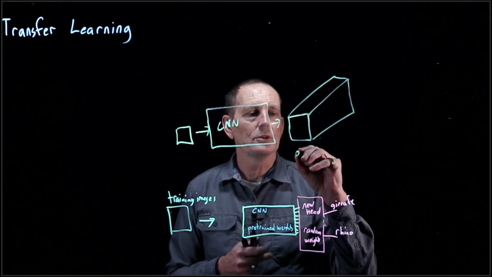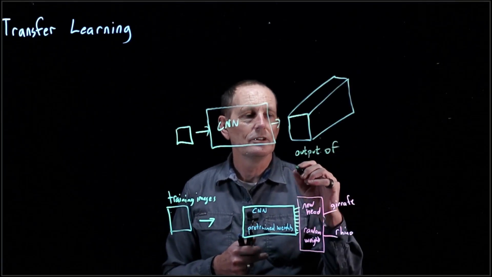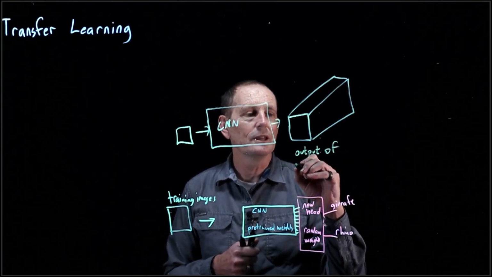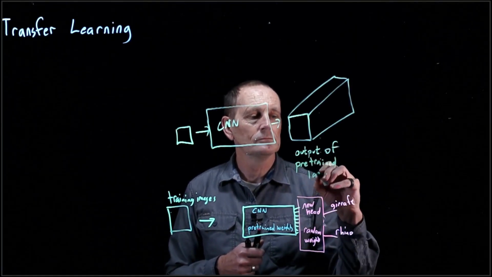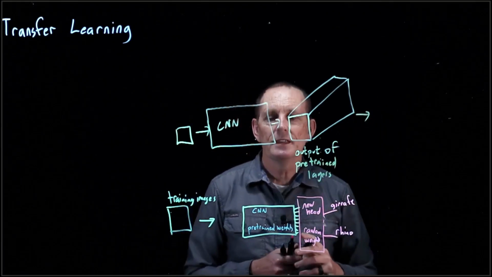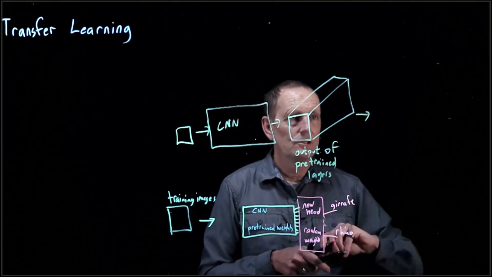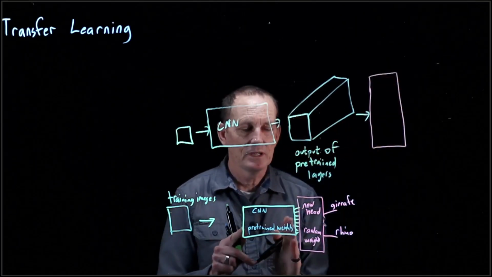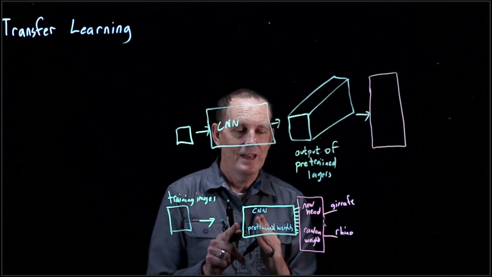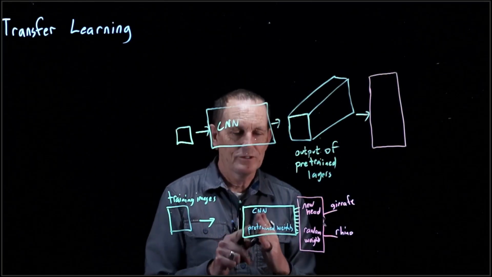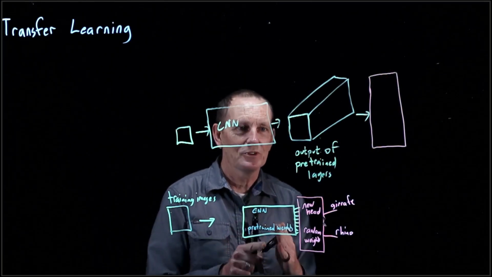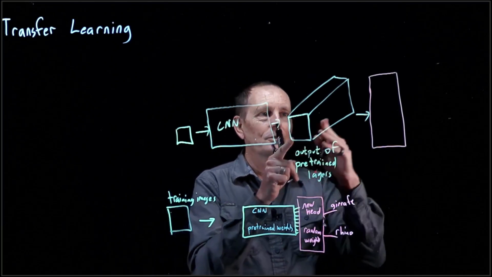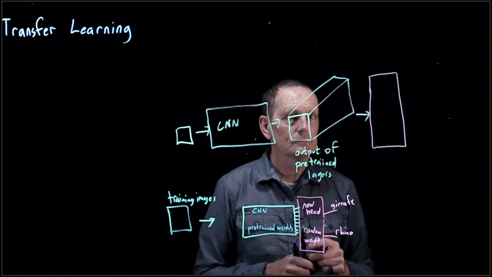So this is the output of the pre-trained layers. And then we feed this into our new head. This is happening kind of all automatically because we have created one model, and so it's, of course, for each layer, creating an output, creating an output, and so on. And that's what's happening here.